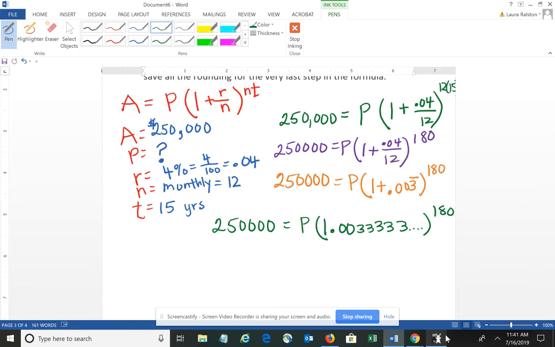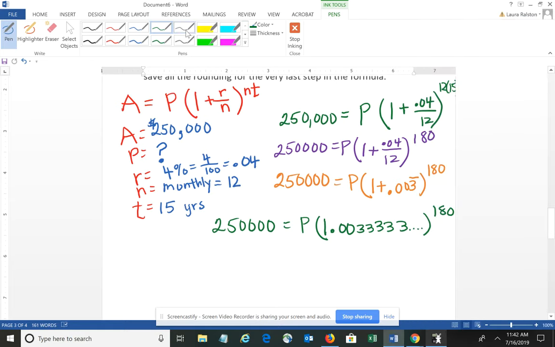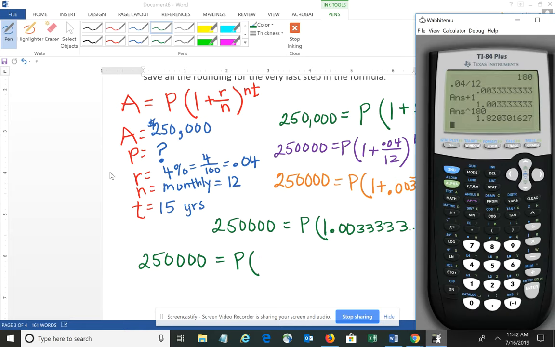Now, I did that addition in my head, but on my calculator, I can simply say, take the answer, add 1, okay, which gives me 1.0033333. Then I need to raise that to the 180th power because I'm still dealing with those. So I would have at that point 250,000 equals P times, let me go back and get that number, 1.8203.